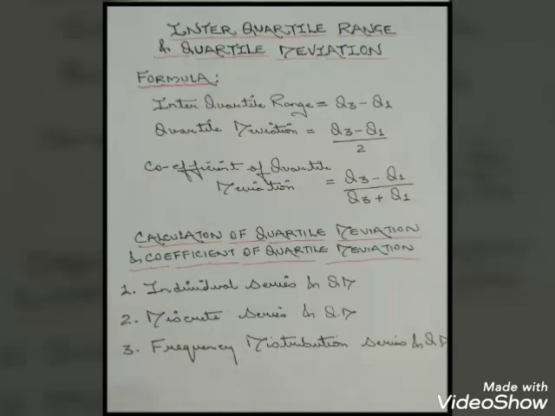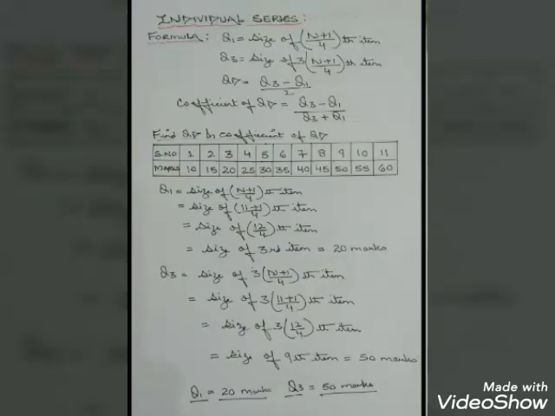Next, I am going to take each series one by one and explain how we can calculate the quartile deviation and coefficient of quartile deviation. So let's start with the first one, that is individual series.